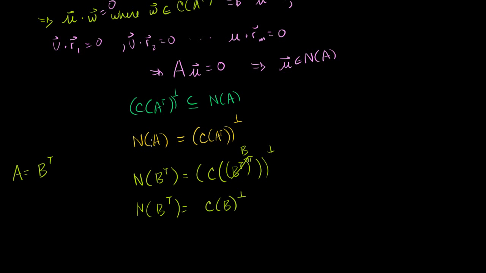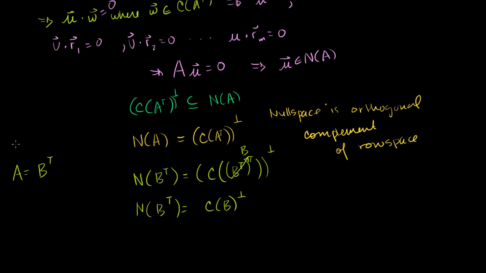So this showed us that the null space, sometimes it's nice to write in words, is the orthogonal complement of the row space, and this right here is showing us that the left null space, which is just the same thing as the null space of the transpose matrix, is the orthogonal complement of the column space, which are two pretty neat takeaways.